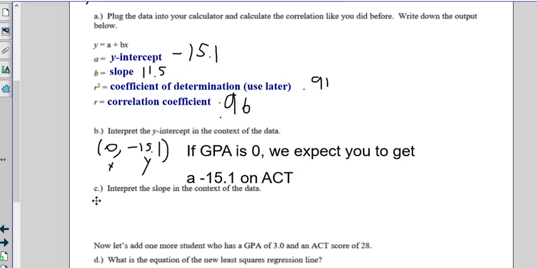Now, we talked about this before. The slope is 11.5, but we always put that over 1. So this is our ACT, and this is our GPA. So, how do we determine that? What is it saying?